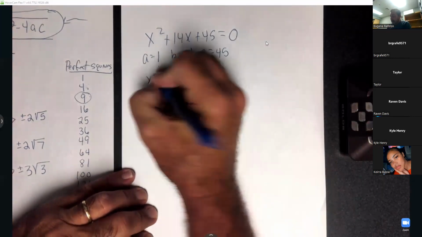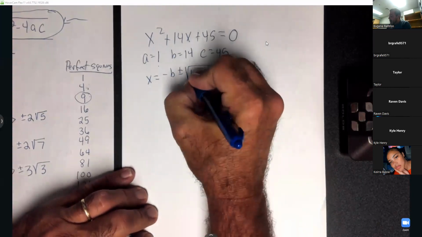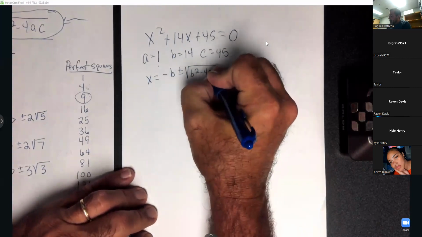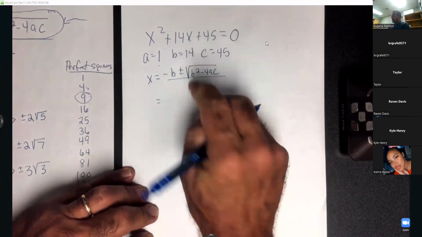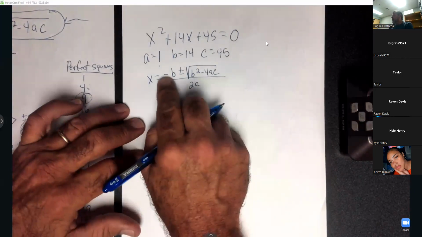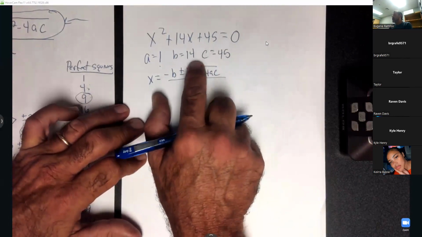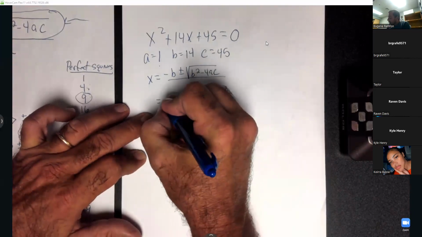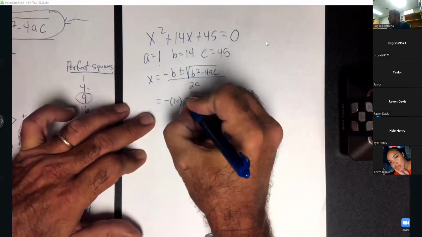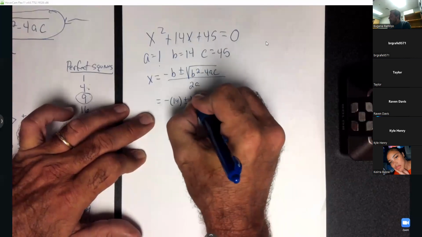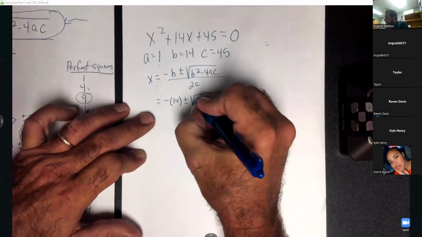So now, here's my formula. And I'm going to plug in. So this negative B, all that negative does is change the sign of whatever B was up here. So we got negative times B, which is 14, plus or minus. B squared would be my 14 squared.